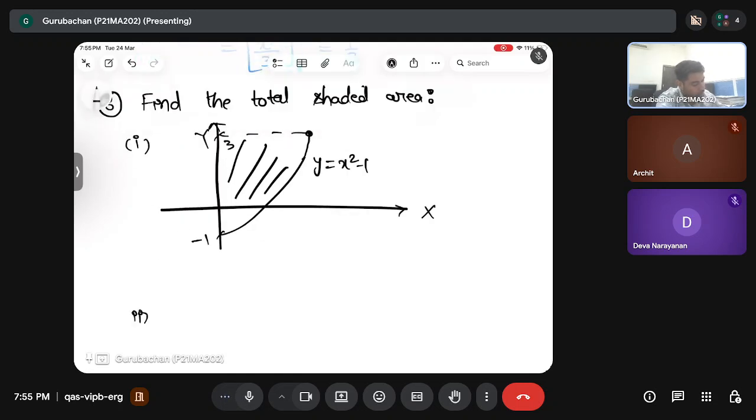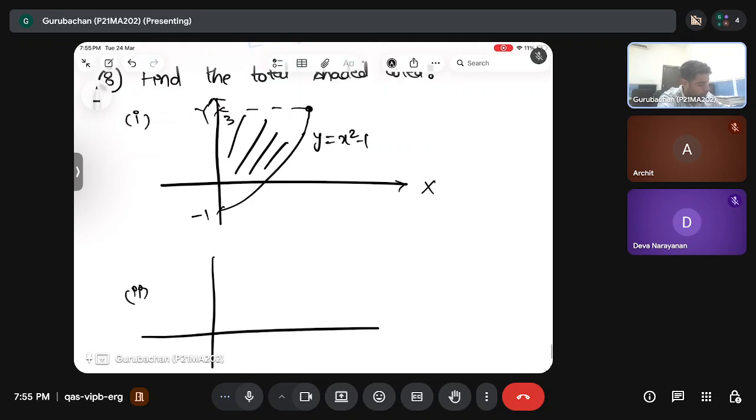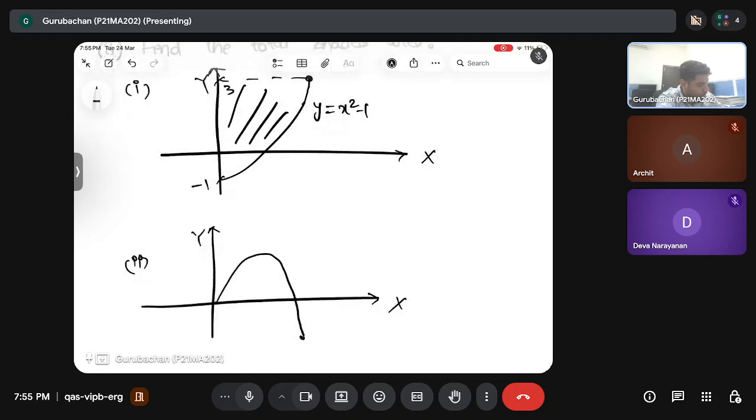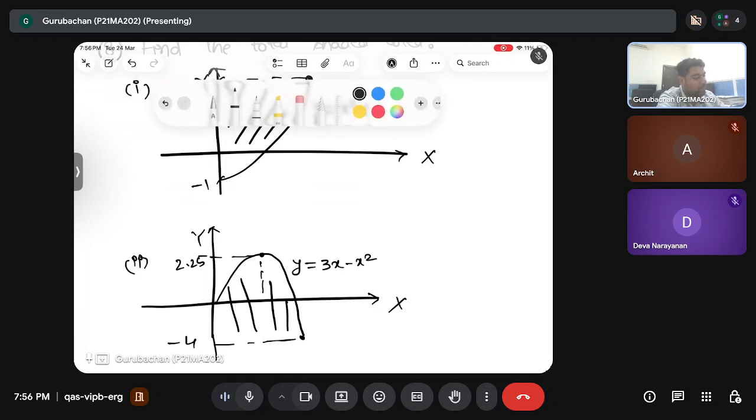Directly calculate this one and tell me the area.